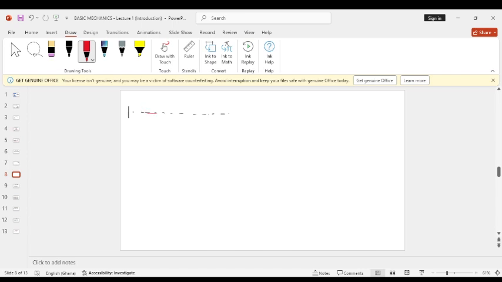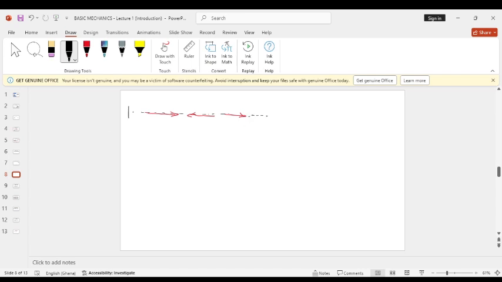In the collinear force system, we are saying that the lines of action of the forces are all the same. The forces have the same line of action, and this is how it may look. Their lines of action are the same for the collinear force system.